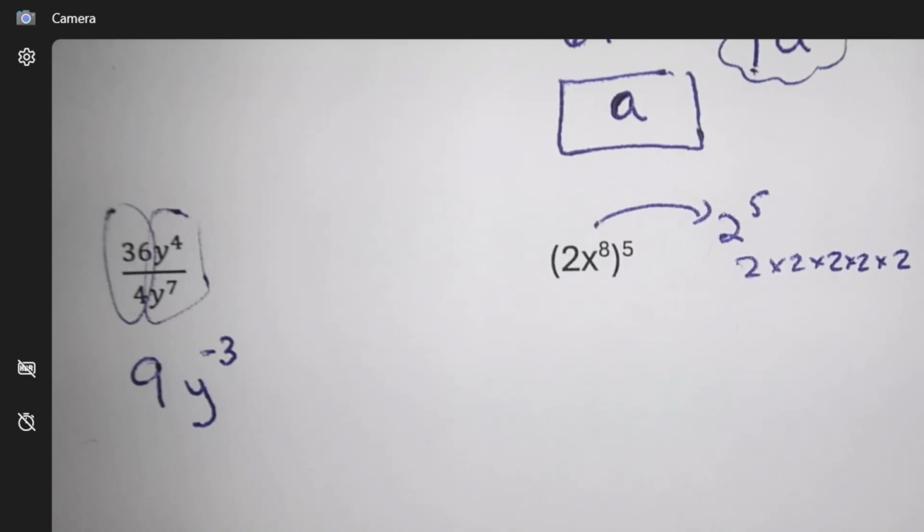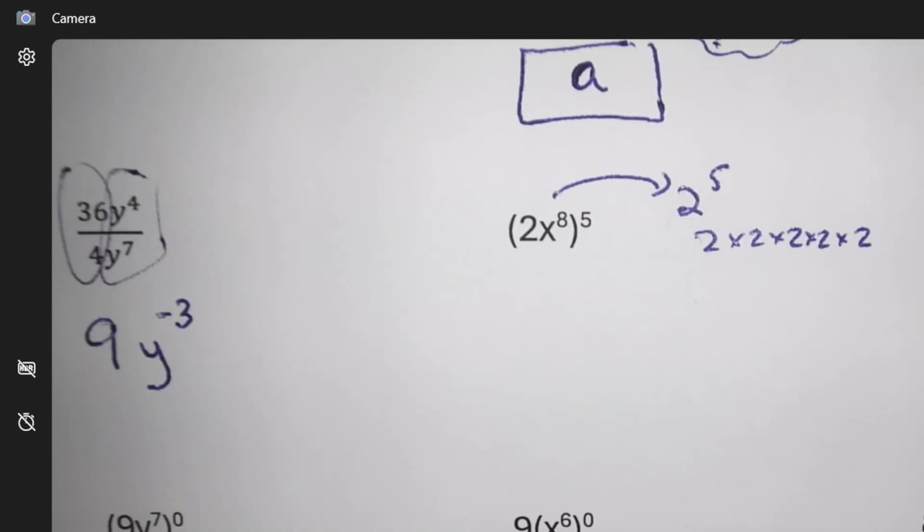You saw it on the top. On the test without the calculator, I'm going to expect you to know 2 squared, 2 cubed, 2 to the 4th, 2 to the 5th, and 2 to the 6th. You can do all those with your head.